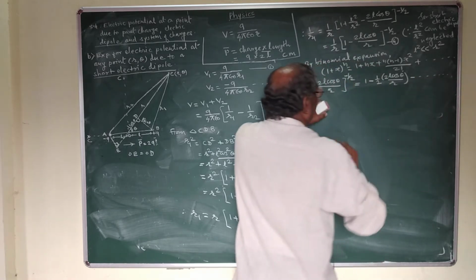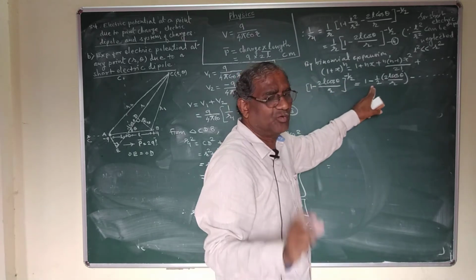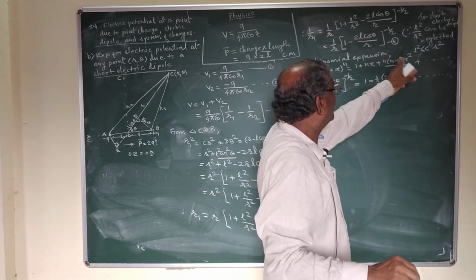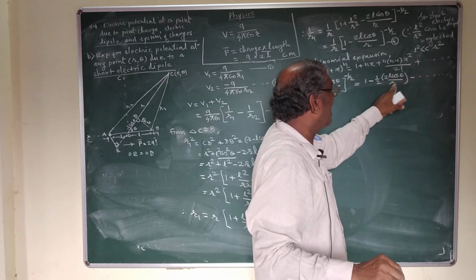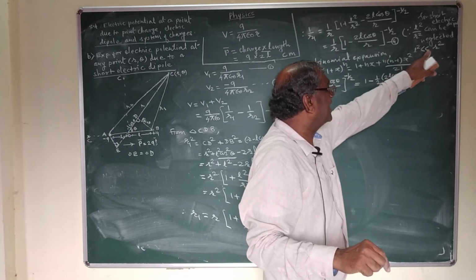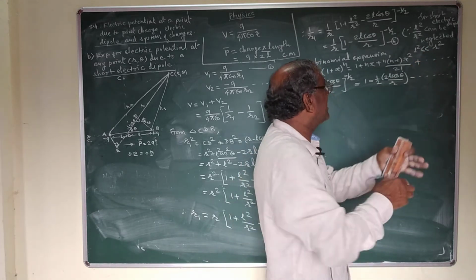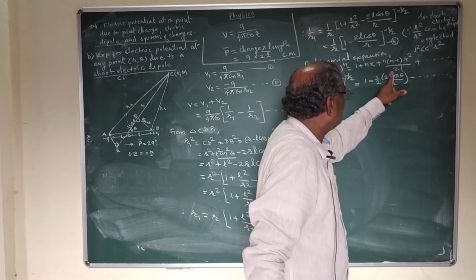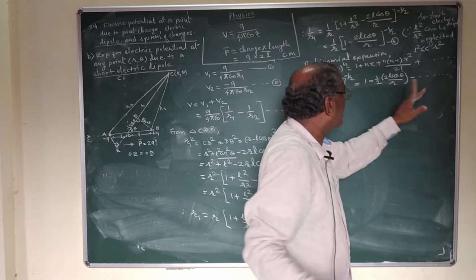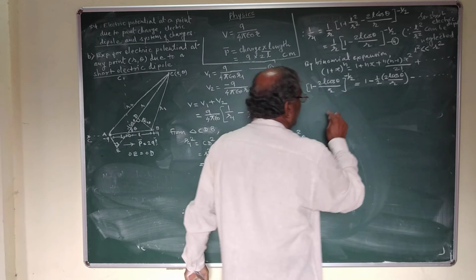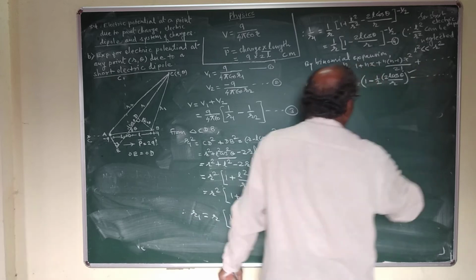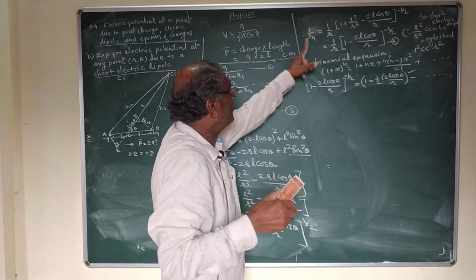We consider this expansion up to first approximation, because the next term has n into (n minus 1) with L square upon R square, and higher powers of L upon R can be neglected. So up to first approximation we can write this. This is the value of 1 upon R1.